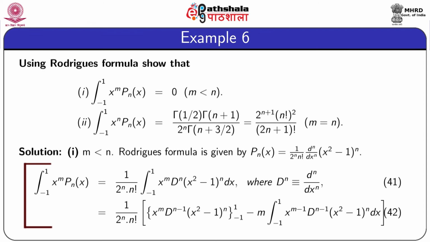If you do that, you will be getting 1/(2ⁿ n!) times the integral from −1 to +1 of x^m times the nth derivative of (x² − 1)ⁿ dx. Integrating by parts, we get equation number 42.